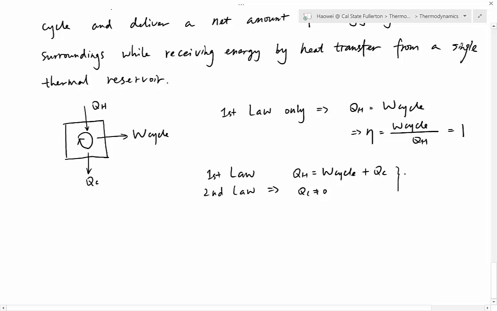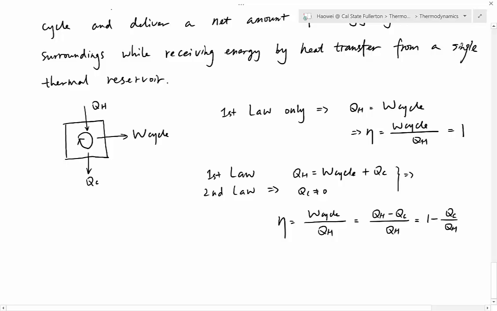If the efficiency is still defined as W cycle over QH, and W cycle this time is rewritten as QH minus QC over QH, it becomes 1 minus QC over QH.